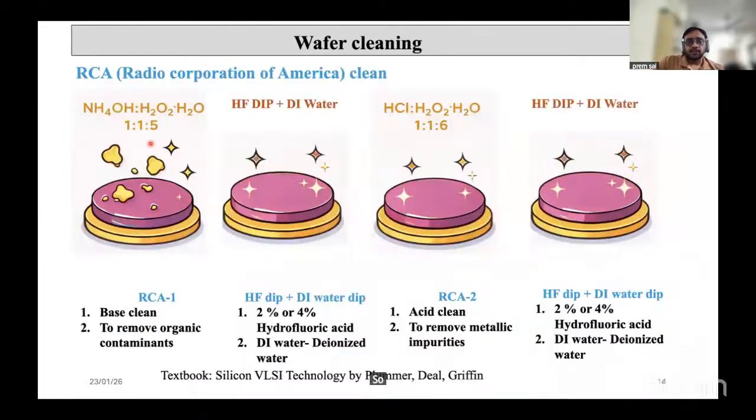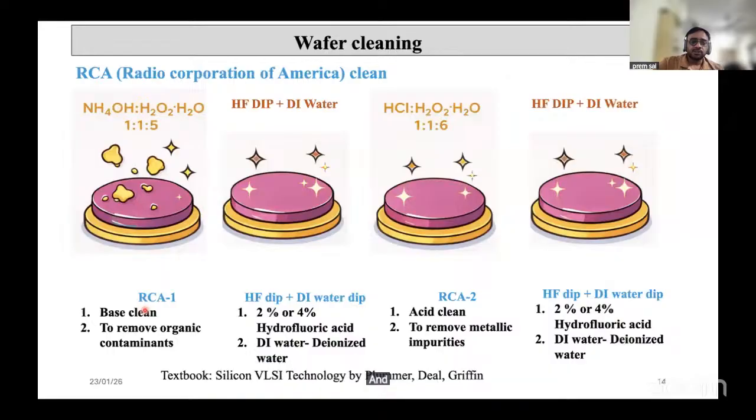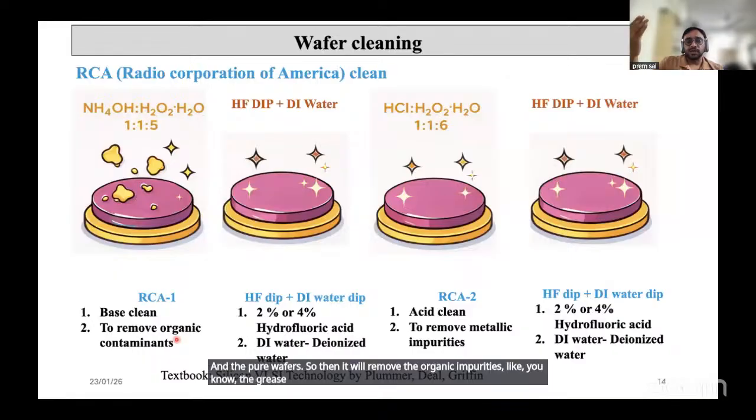You call these RCA1 and RCA2. RCA1 is a base clean, where you have ammonium hydroxide, and an oxidizer, which is hydrogen peroxide, and water. You need to mix them in this ratio and dip your wafers. Then it will remove the organic impurities, like the grease and everything which came from the cutting of the wafers.